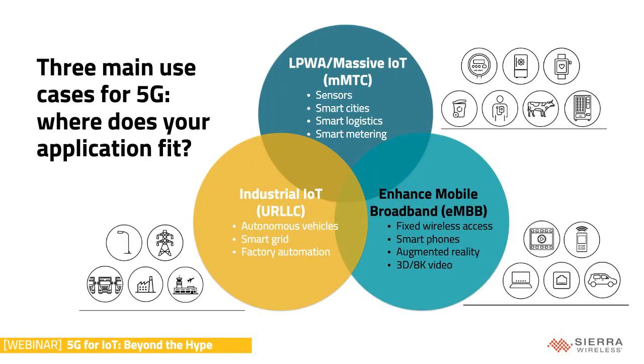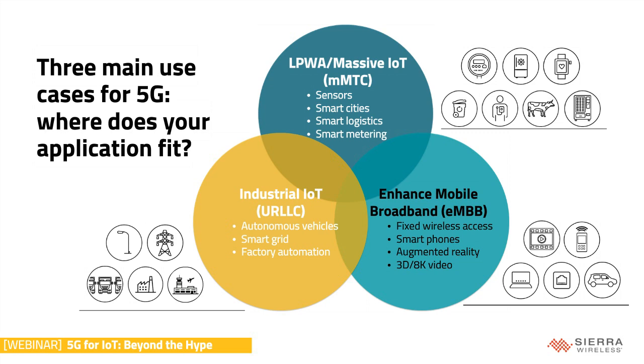So then, just to revisit these three use cases for 5G, I think it's important to determine, again, where your application fits within these sort of large buckets. For those looking at industrial IoT type applications, you definitely have time. We don't see deployments happening here really until 2021 and beyond. So, there's definitely time to take stock of where you are and how you want to get to 5G.